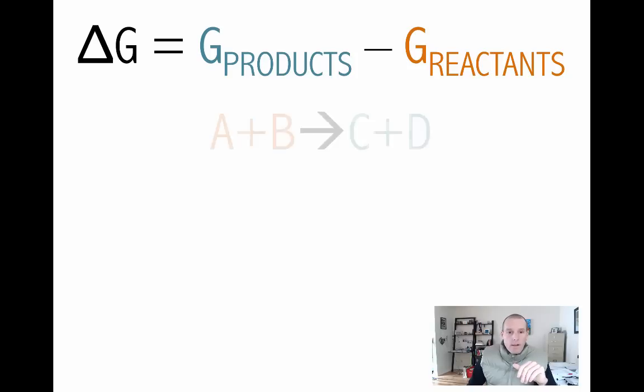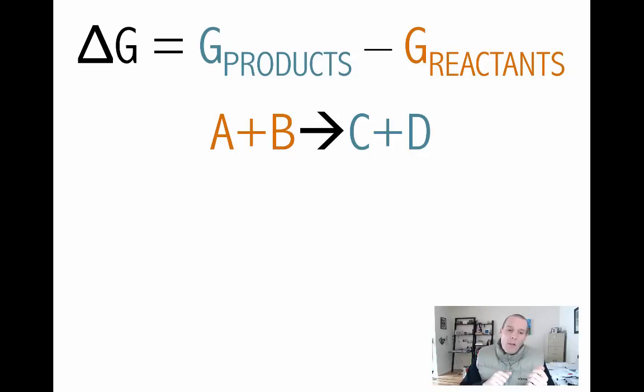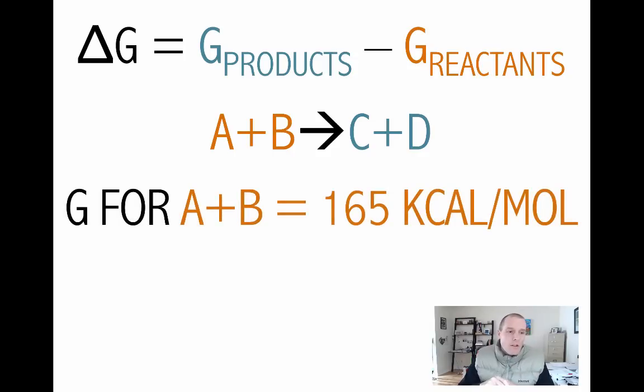So let's look at this equation here. It doesn't matter what the reactants are. A is a reactant, B is a reactant, and those are reacted together and converted to the products C plus D. Let's say that the amount of free energy available in A and B is 165 kilocalories per mole. And this is just the units for G: kilocalories per mole.